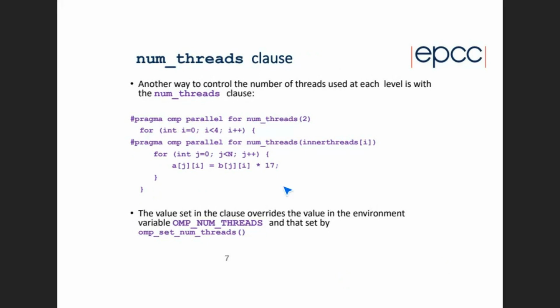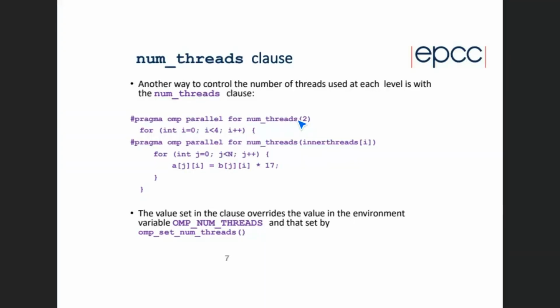An alternative to doing that is to use the num_threads clause, which appears on the parallel directive. So you can explicitly request a certain number of threads at the point where you create the parallel region using the num_threads clause.